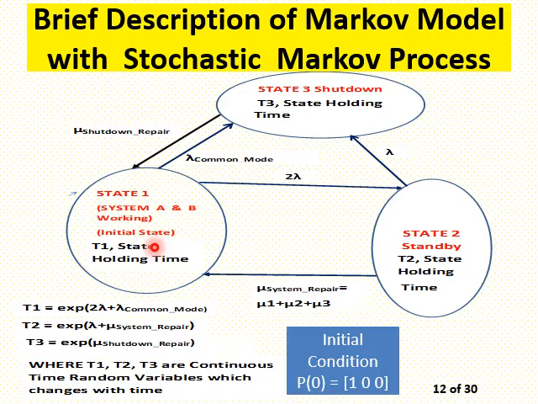So the transient solution of the Markov model will help us to find out the probability distribution at the end of time t. From the probability distribution, that is the probability of being in each state at the end of given time t, we can find out the reliability and availability.